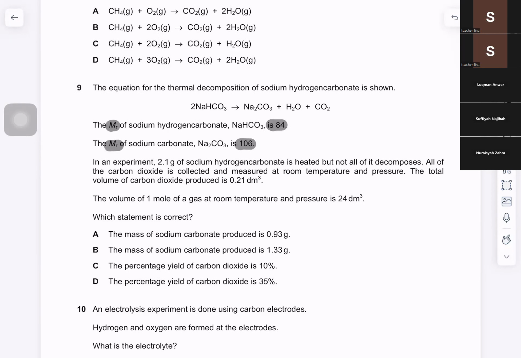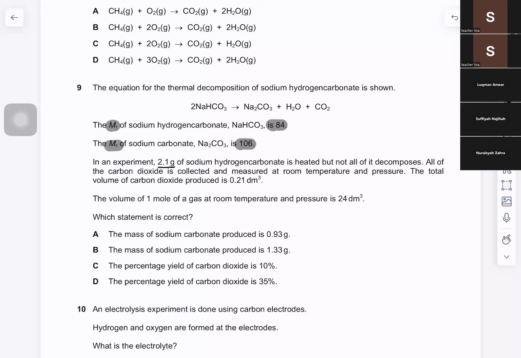Experiment: 2.1 gram of sodium hydrogen carbonate is heated but not all decomposed. Boleh sah. Hantar je dekat chat. Teacher akan tengok one by one. Teacher ikut urutan tau. Siapa yang tanya dulu tu teacher buat daripada atas. Nanti tak terlepas pandang. Heated but not all decomposed.